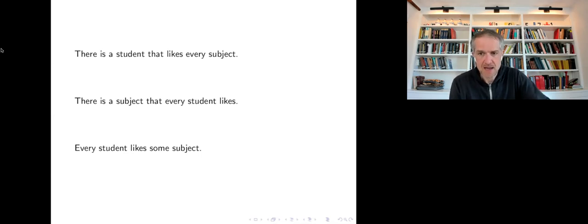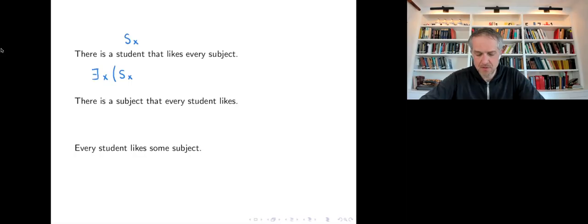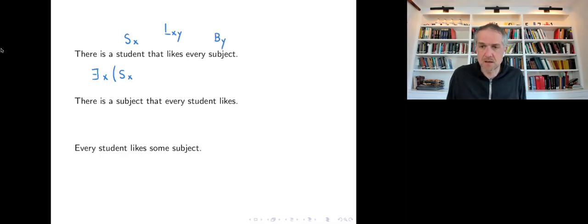So what I'm saying here is there is something that's an S. In other words, I'm using SX for "X is a student." Now, in this sentence I have two other things, one's a predicate, one's a relation. I have a relation, likes, LXY, X likes Y, and I'll use B for subject because I already used S for student. So I'll put BY for Y as a subject.